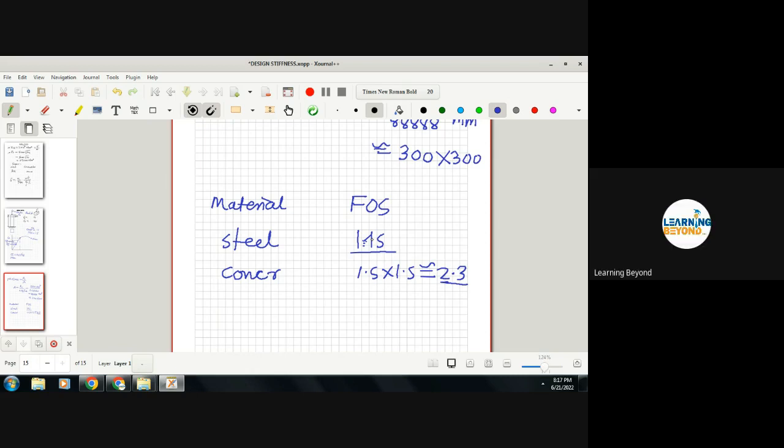Second, steel is a very homogeneous material. The material is only steel, so the properties are the same, uniform in all directions. It is also manufactured in the factory under very good quality control, and that's why the factor of safety is less for steel.